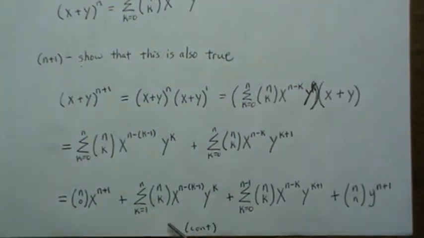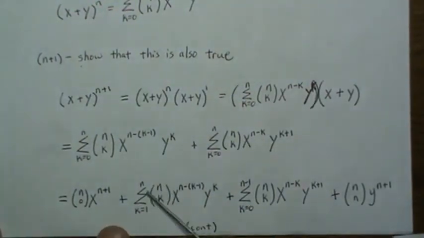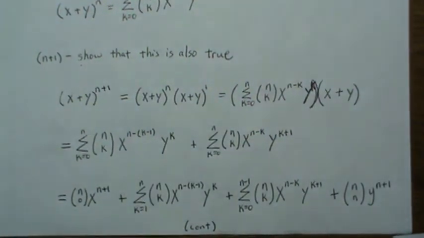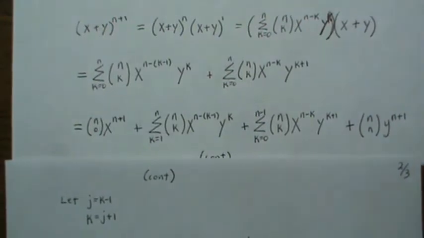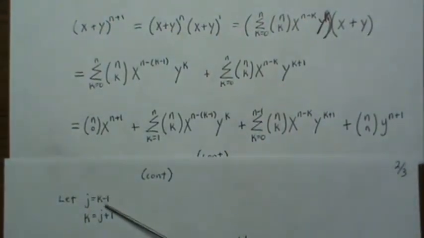Now in this piece we're going to do an index change. So the k is sort of a dummy variable. It really doesn't matter what it is called. So we're going to call it j, but we're going to let j equal k minus 1, which means k is j plus 1.